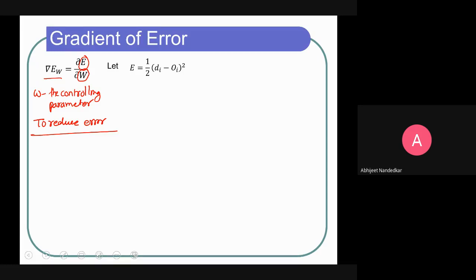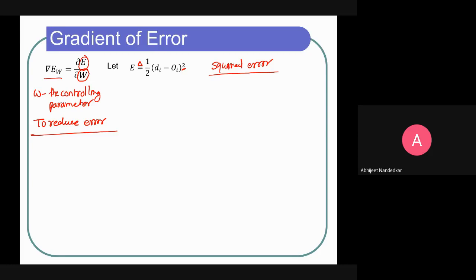Let the error be defined as E = half (di minus oi) squared. So we are trying to reduce the squared error. Why make a square?